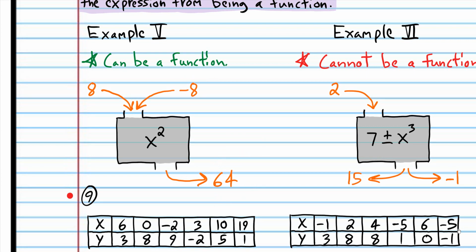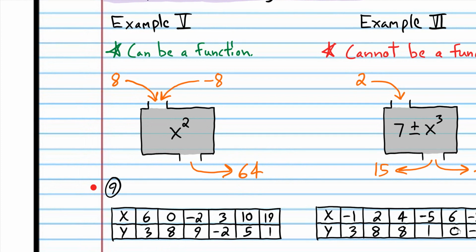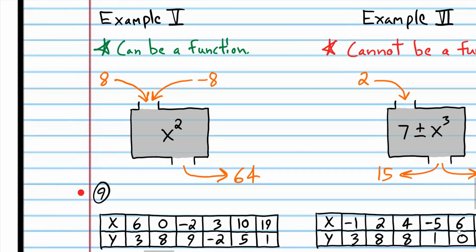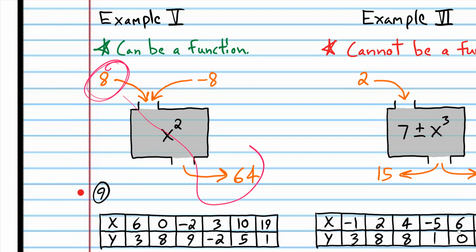That's okay. You can plug in 2 different inputs and get the same output. That's fine. But if you plug in 1 input and get two different outputs, that disqualifies the expression from being a function.